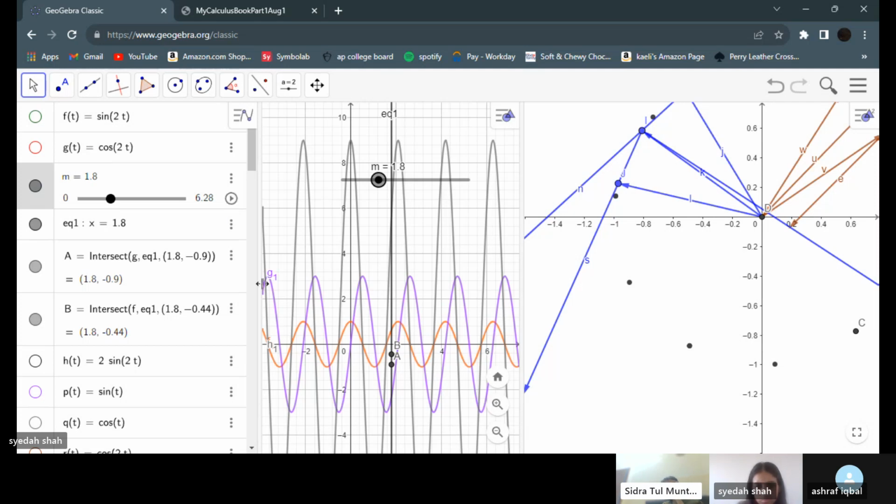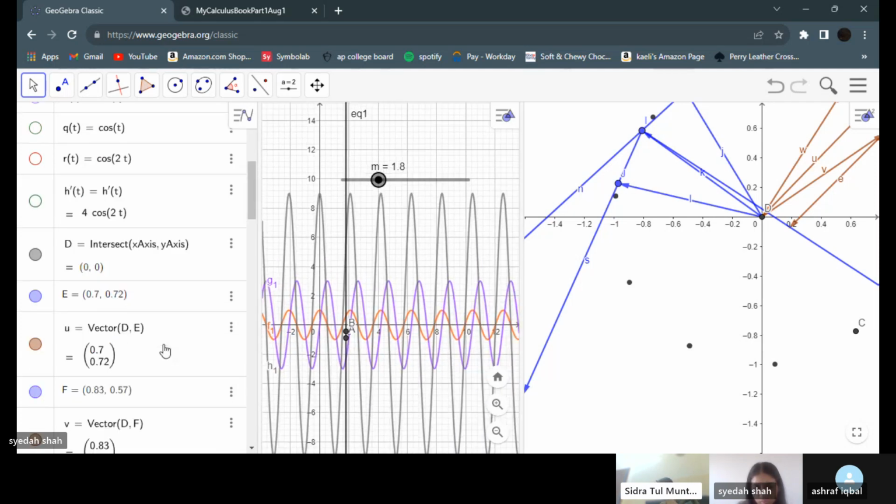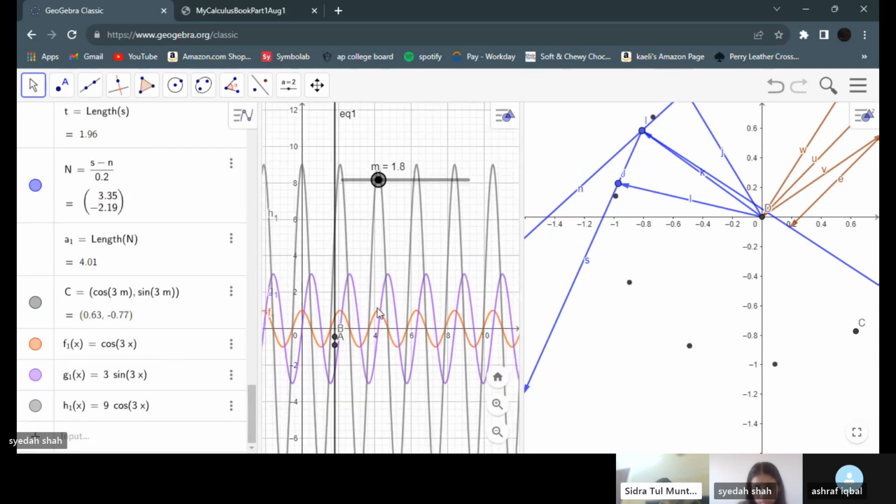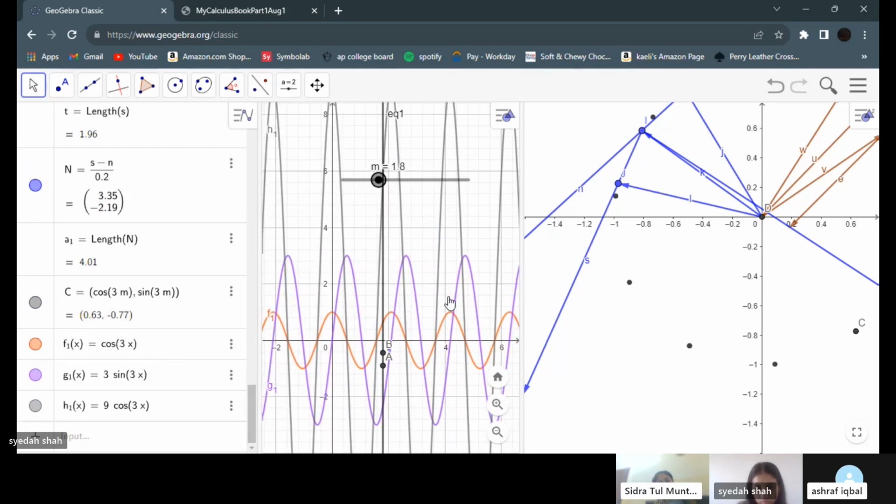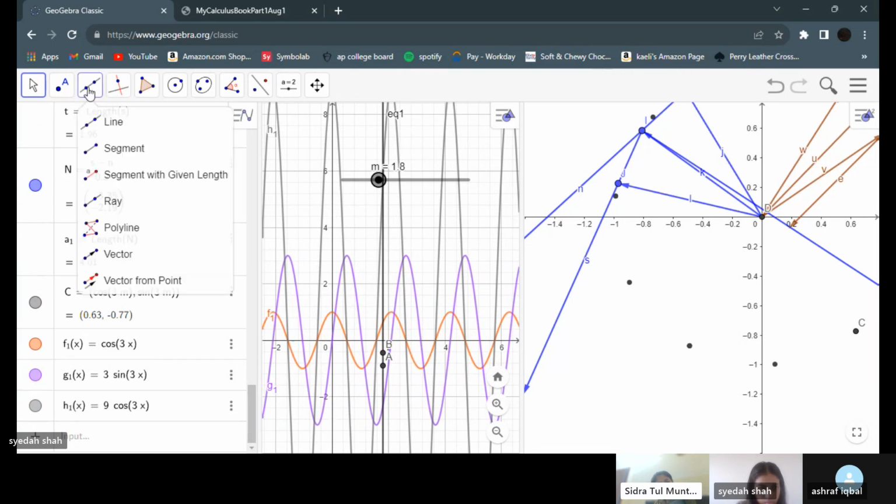So we have got these 3 dots, and now we are going to repeat our process of making the vectors for this frequency.